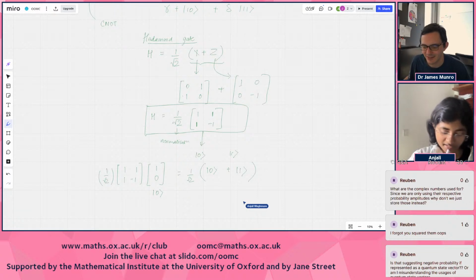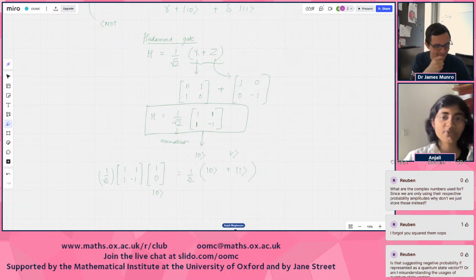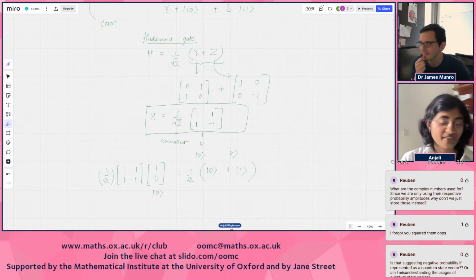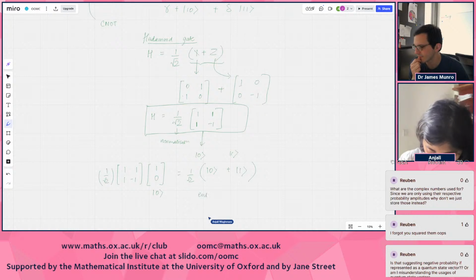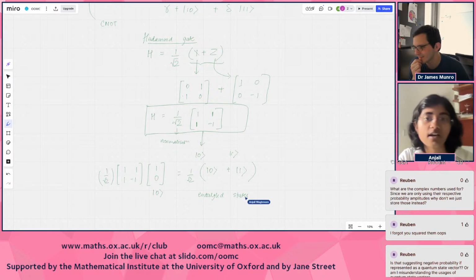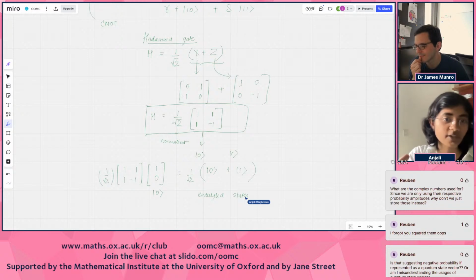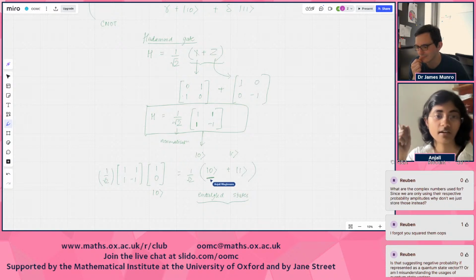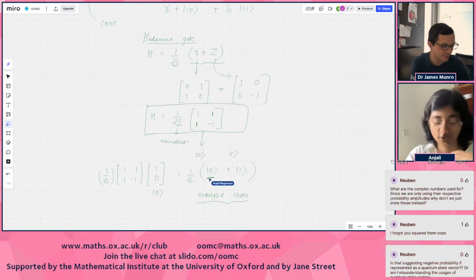This essentially helps you create something called entangled states, in a way. You're going from a single qubit state to a linear combination of two. When you do this with multiple qubits, you end up with states in which even if you measure something about one state, you directly know the outcome for what is happening to the other state.